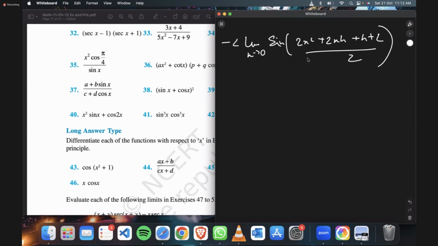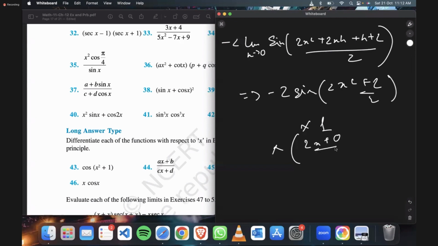So let me write this simplified version. I'm just putting h equal to 0 here, so minus 2 times sine of 2x square plus 2 by 2, times x square plus 2 by 2, multiplied with a 1, multiplied with 2x plus 0 by 2. h has been put equal to 0.